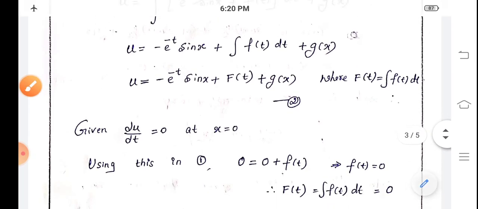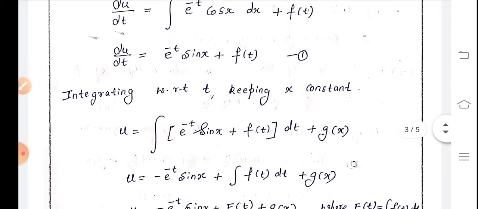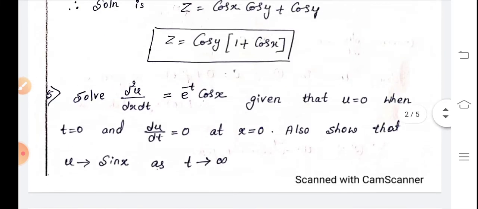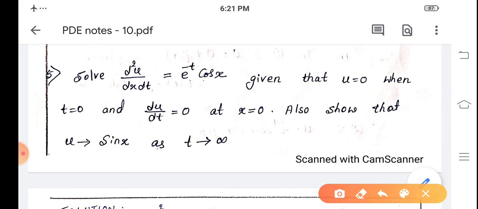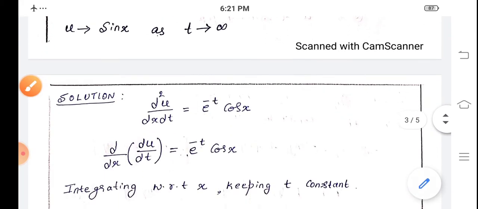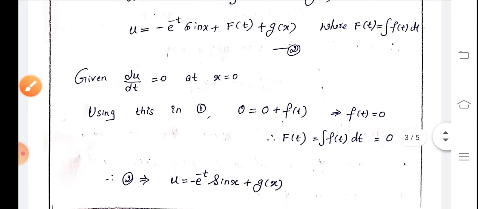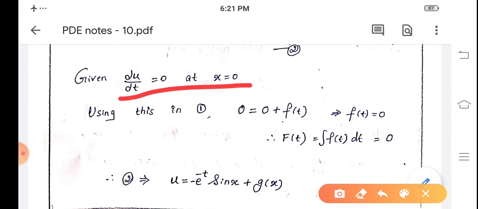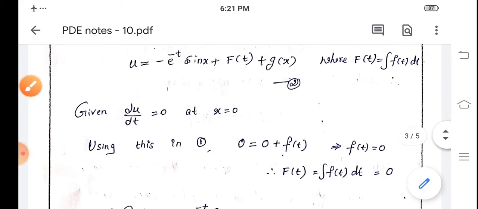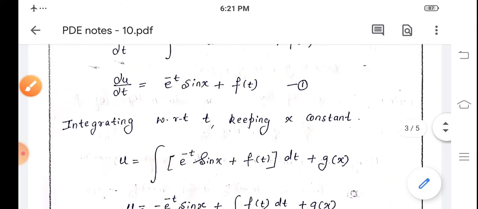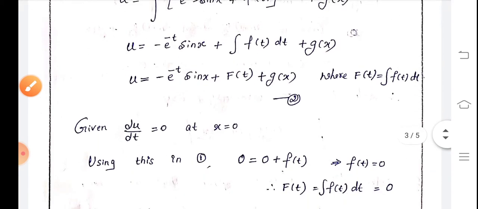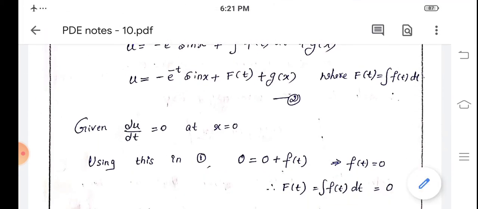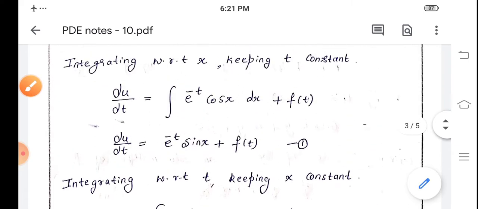Now we can make use of the given conditions. It is given that ∂u/∂t = 0 at x = 0. Using this condition in equation 1, we write ∂u/∂t = 0 equal to the right hand side with x = 0.